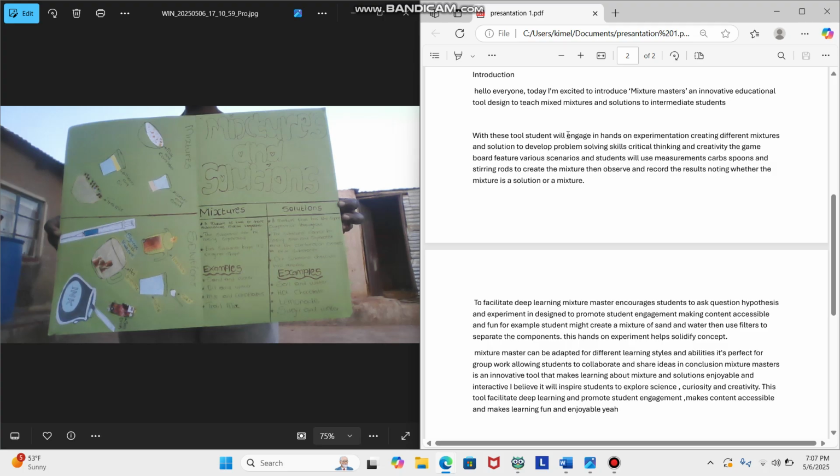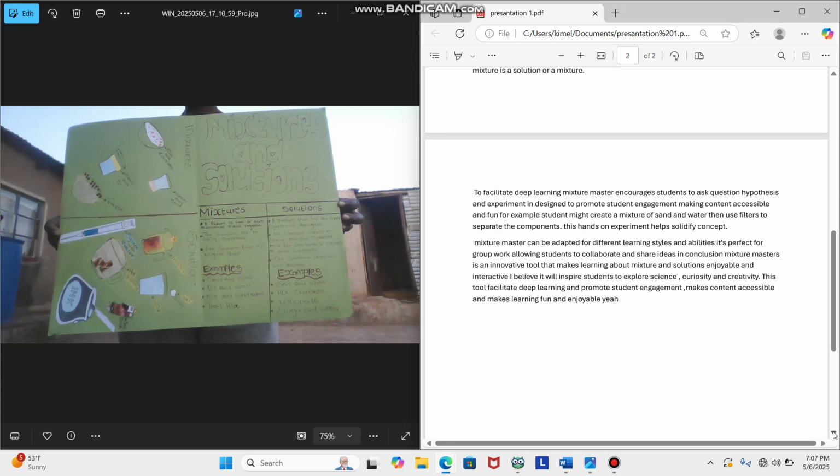So it can develop problem-solving skills, critical thinking, and creativity. The game board features various scenarios, and students will use measurement cups, spoons, and stirring rods to create the mixture. Then they observe and record the results, noting whether it is a solution or a mixture.